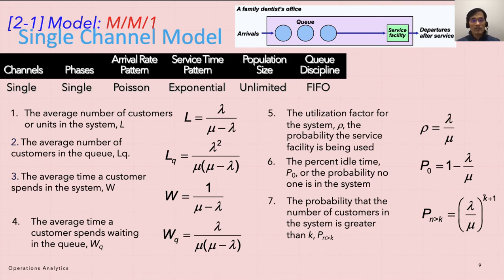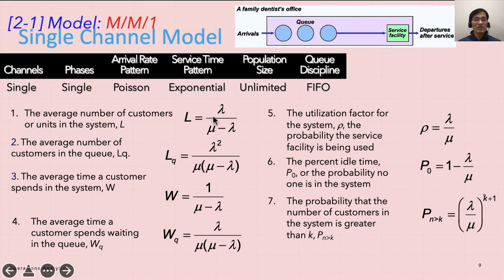Given these assumptions, scholars, mathematicians and statisticians have diligently worked on this model and found formulas to find various indicators of waiting lines. For example, the average number of customers or units in the system is denoted by L. L equals lambda over mu minus lambda. Here, lambda means the arrival rate, how many people are coming in, like 10 customers per hour or per minute.